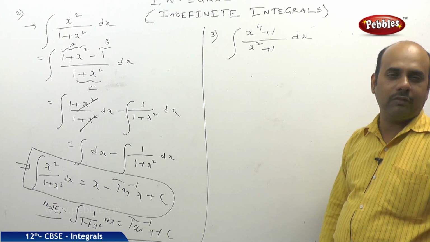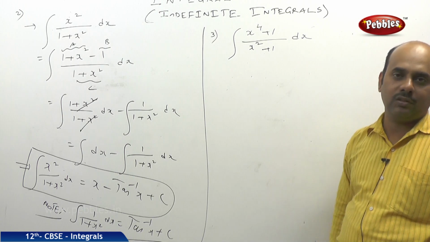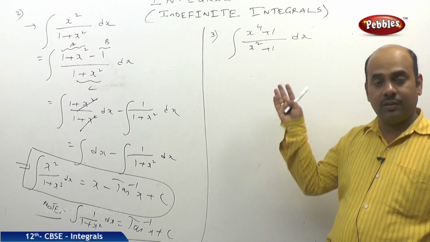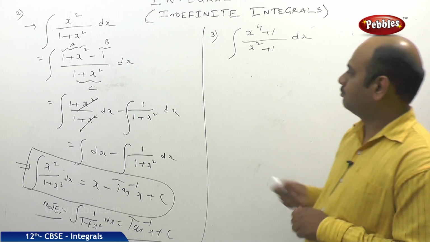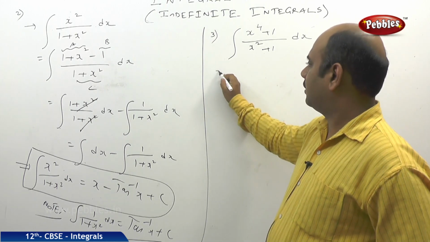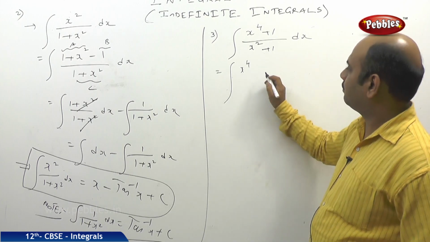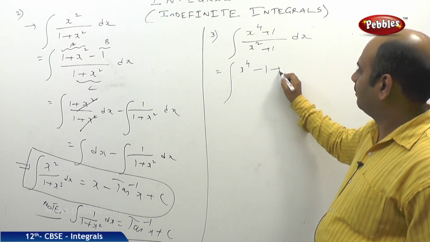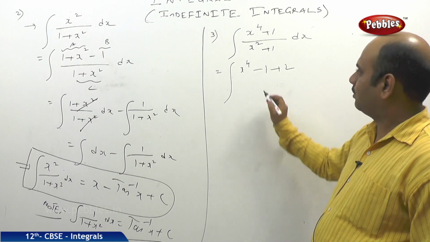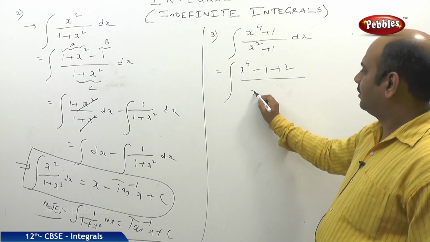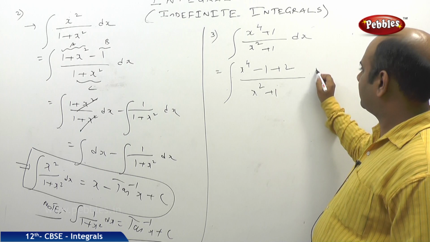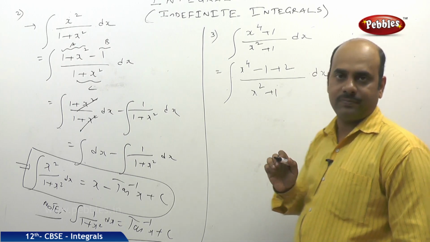Again it becomes tedious, the procedure becomes very long, and sometimes you may win this battle or not. So what I will do is write the 1 as minus 1 plus 2, so very beautifully we will get this as x square plus 1 dx.